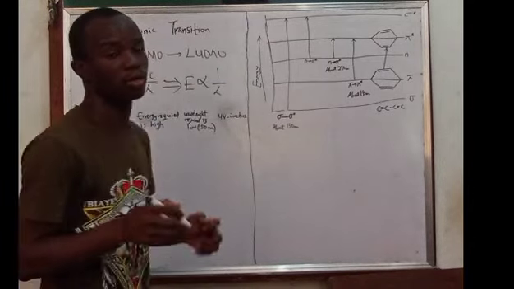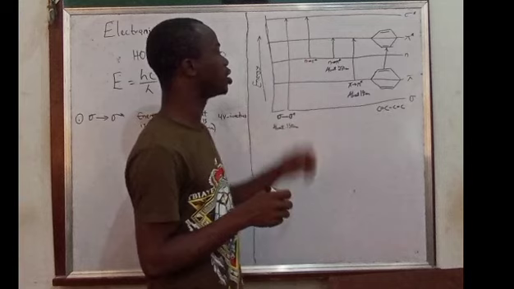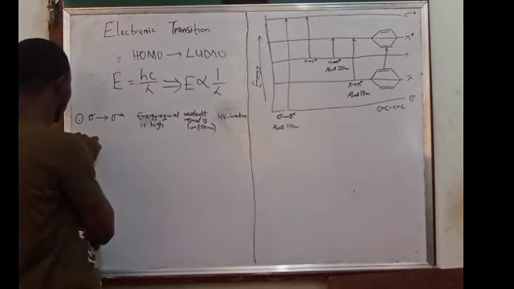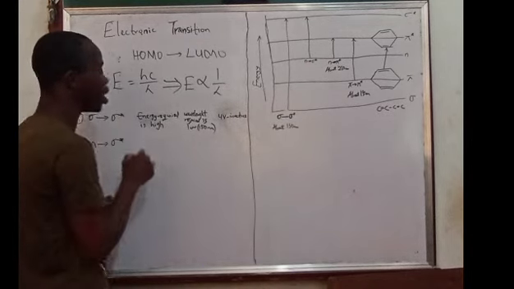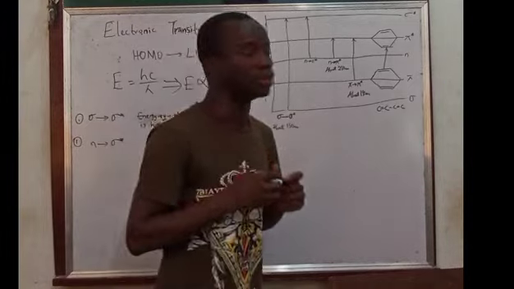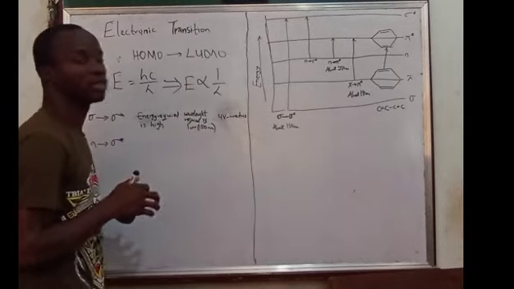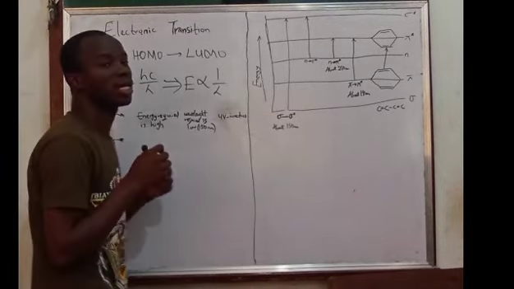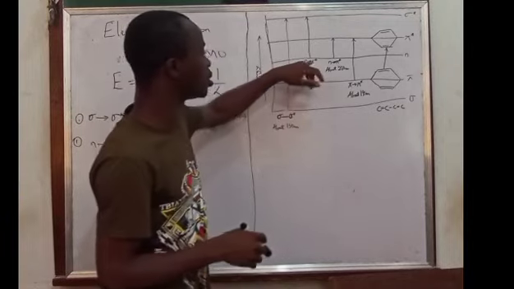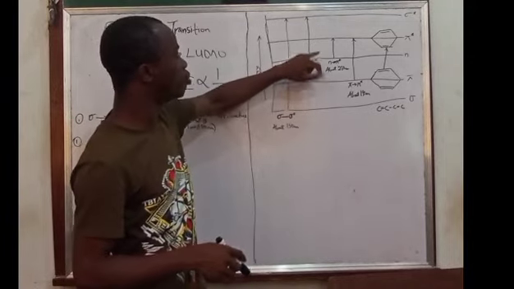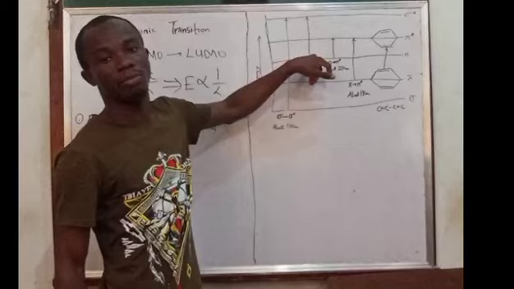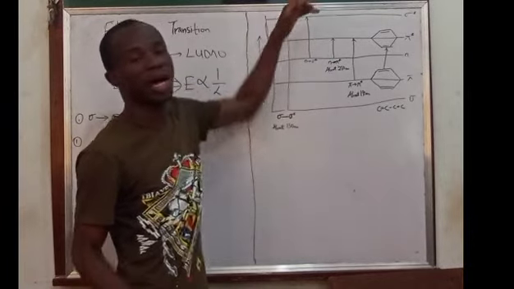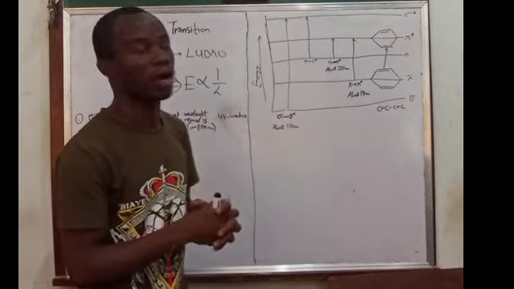Another kind of transition we are looking at, as indicated there, is the N to sigma antibonding. You can see from here that the electron moves from this non-bonding molecular orbital to the sigma antibonding molecular orbital.